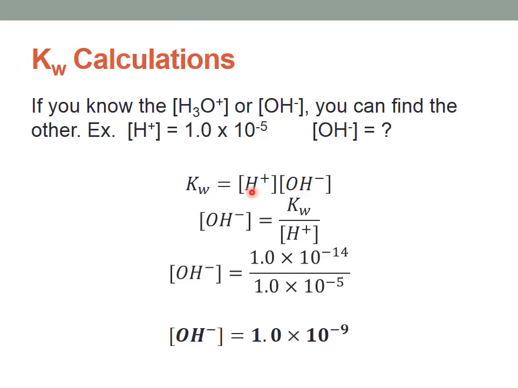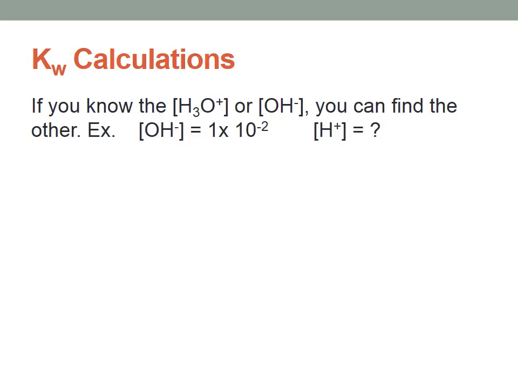Since I'm given the hydrogen ion concentration, I rearrange my equation to solve for the hydroxide ion concentration, which gives us Kw divided by the hydrogen ion concentration. Kw is 1.0 by 10 to the minus 14, and I divide by my hydrogen ion concentration, which is 1.0 by 10 to the minus 5. Since the bases are the same, all we need to do is subtract our exponents. So that's negative 14 minus negative 5, or negative 14 plus 5, which gives us negative 9. So our hydroxide ion concentration is 1.0 by 10 to the negative 9.